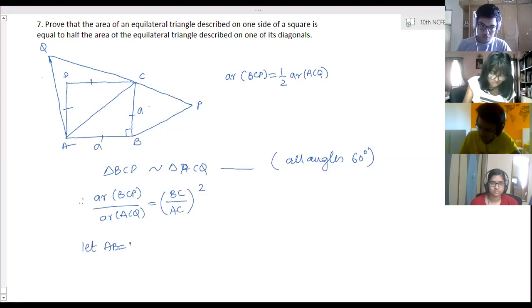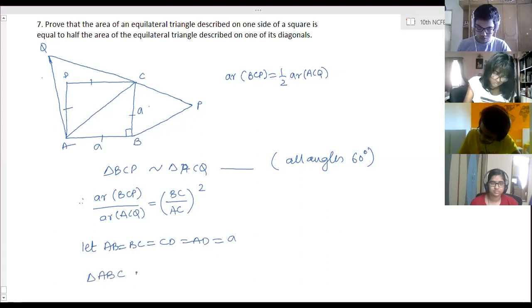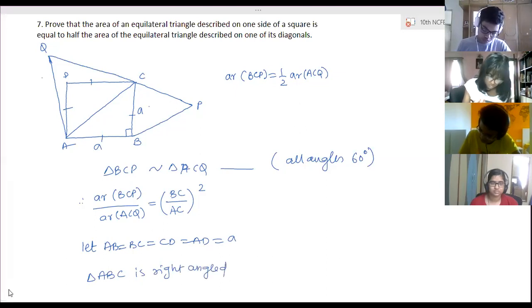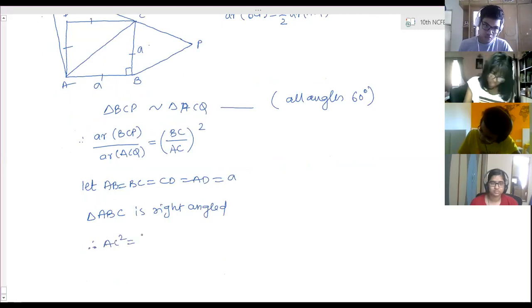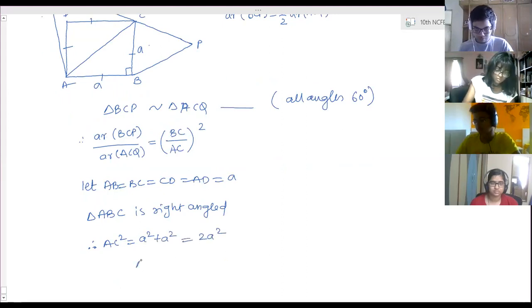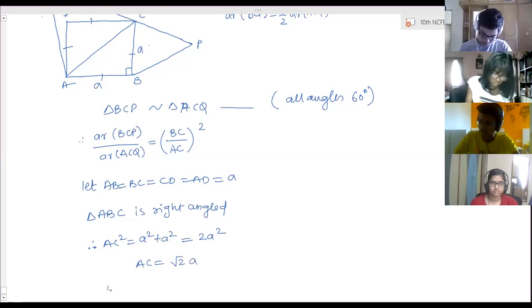Let AB be equal to BC equal to CD equal to AD equal to a. Triangle ABC is right angled. So therefore, AC square is equal to a square plus a square, that is 2a square. AC is equal to root 2 a. So therefore, BC by AC is equal to a by root 2a.